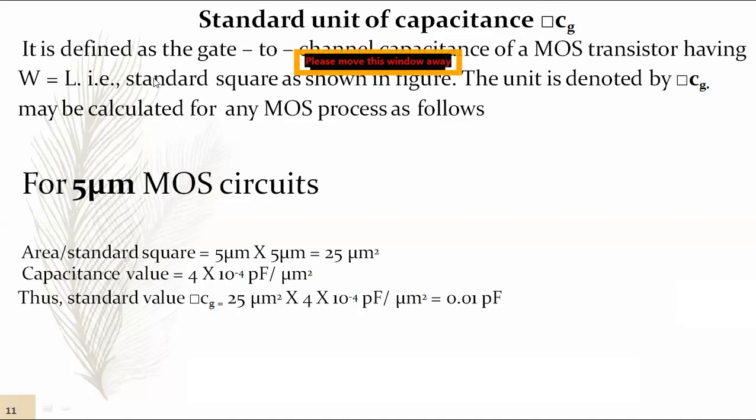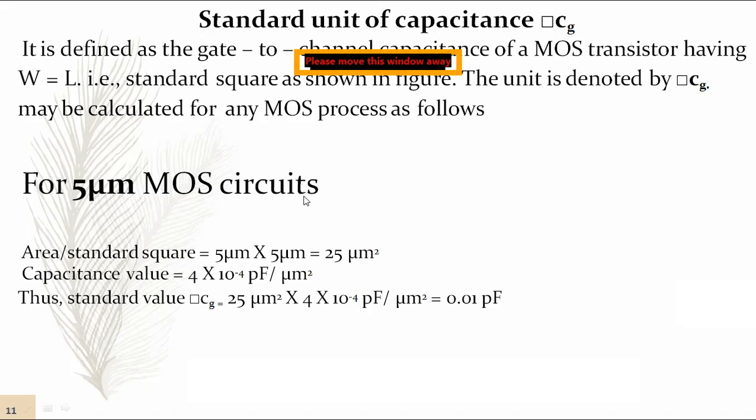It is defined as the gate to channel capacitance of a MOS transistor having L equal to W, a standard square as shown in the figure. Square indicates that length and width are equal, and it may be calculated for any MOS process as follows.